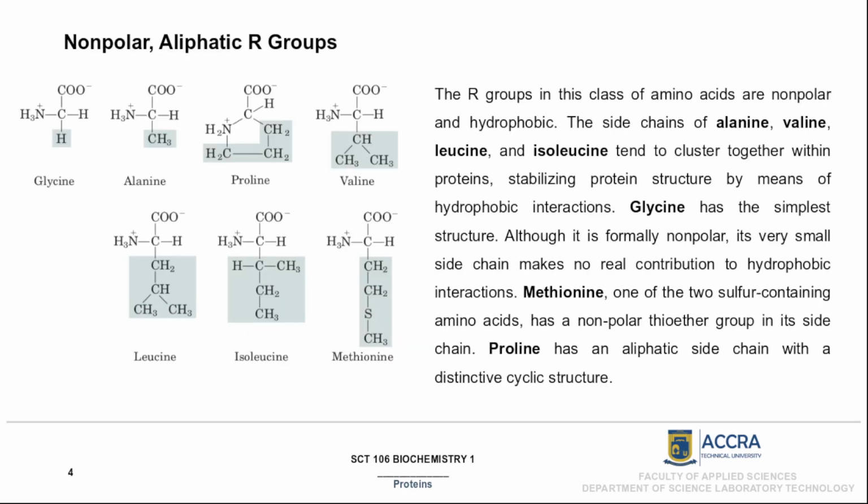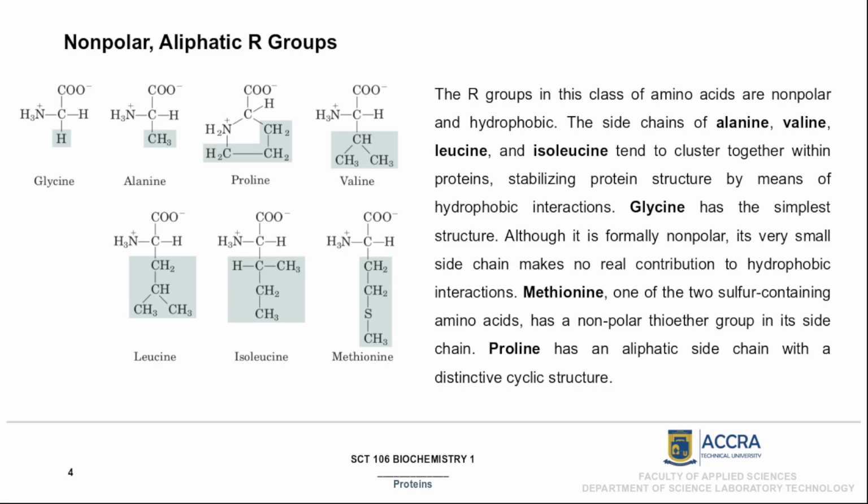So let's first of all take the nonpolar aliphatic R groups. The R groups in this class of amino acids are nonpolar and hydrophobic. The side chains of alanine, valine, leucine, and isoleucine tend to cluster together within proteins, stabilizing protein structure by means of hydrophobic interactions.